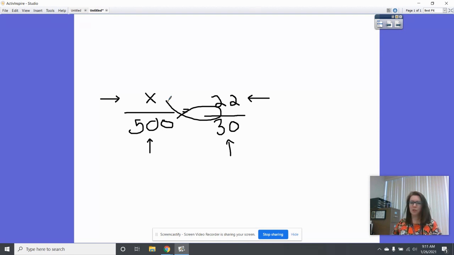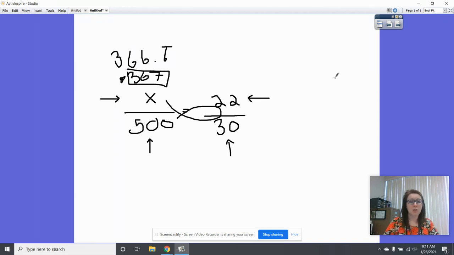So I'm going to multiply 500 times 22 divided by 30, and that gives me 366.6 repeating, but I cannot have a part of a person, so I'm going to round that up to a whole person. So 367 people. So our prediction is that 367 people in our school eat school lunch.